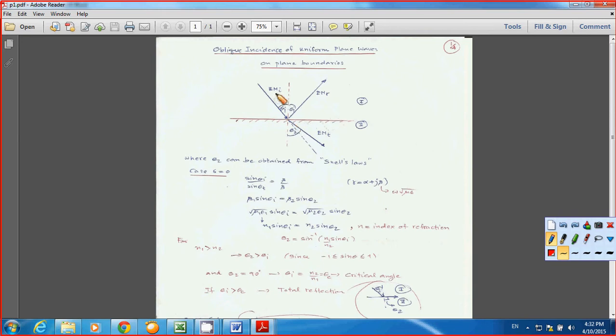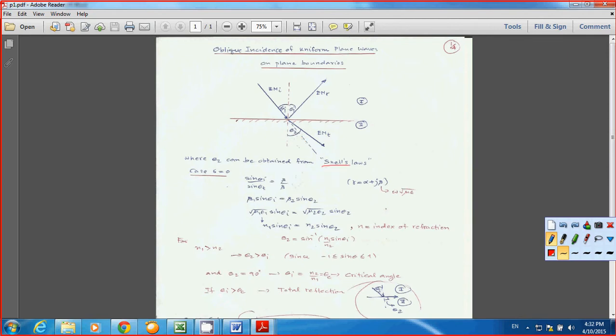I have the incident electromagnetic field, the reflected field represented by E_R, and the transmitted electromagnetic wave represented by E_T. The incident angle is theta I, and the reflected angle is equal to the incident angle theta I. But when the electromagnetic wave enters the different medium, it makes an angle with the normal line of theta 2.